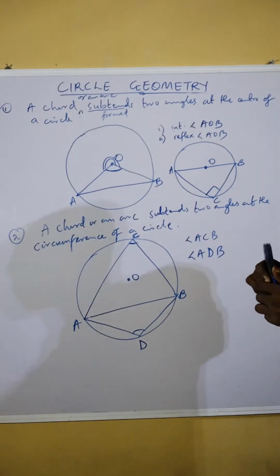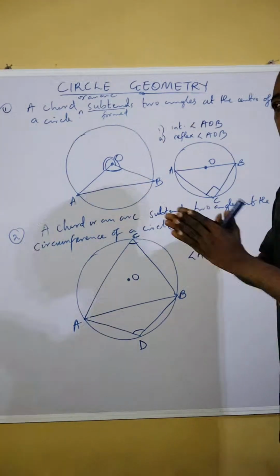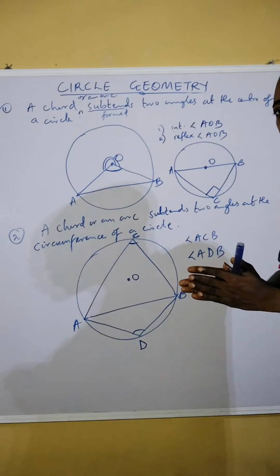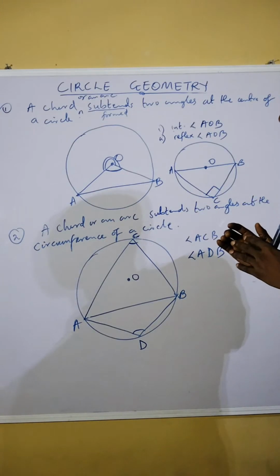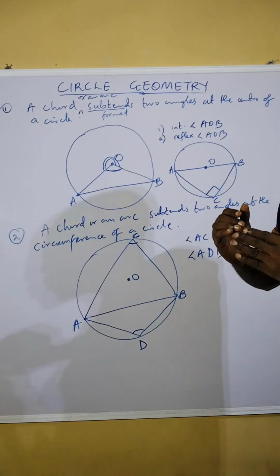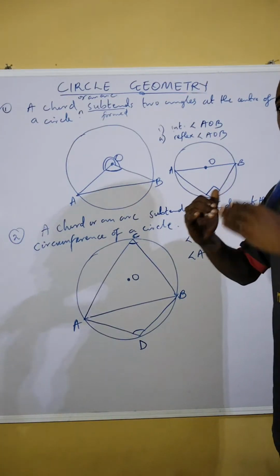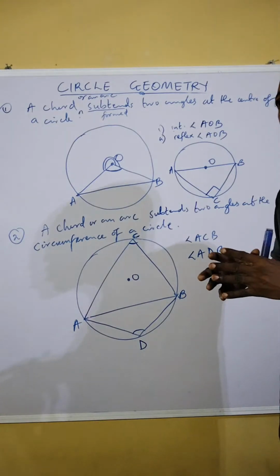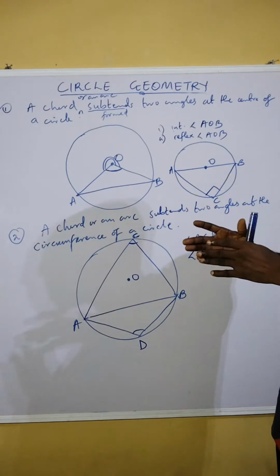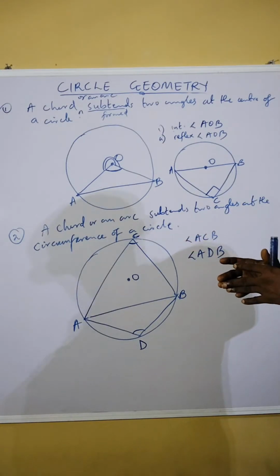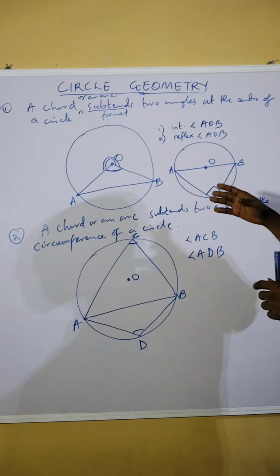So that theorem says that angle in a semicircle is a right angle. That is the short form of that theorem. Angle in a semicircle. You know, a diameter divides a circle into 2 equal parts. That makes it a semicircle. So that's why angle in a semicircle is 90 degrees. And we might also say that the angle subtended by a diameter at the circumference is 90 degrees.